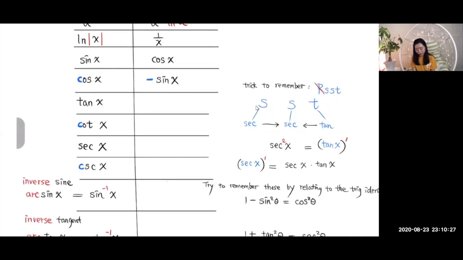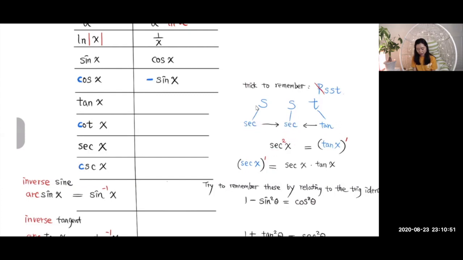So the trick to remember the duality of tangent and also secant is to think about this SST. It goes this way: secant, tangent. So when you take the duality of tangent, it will be secant times secant, so that will be secant squared.